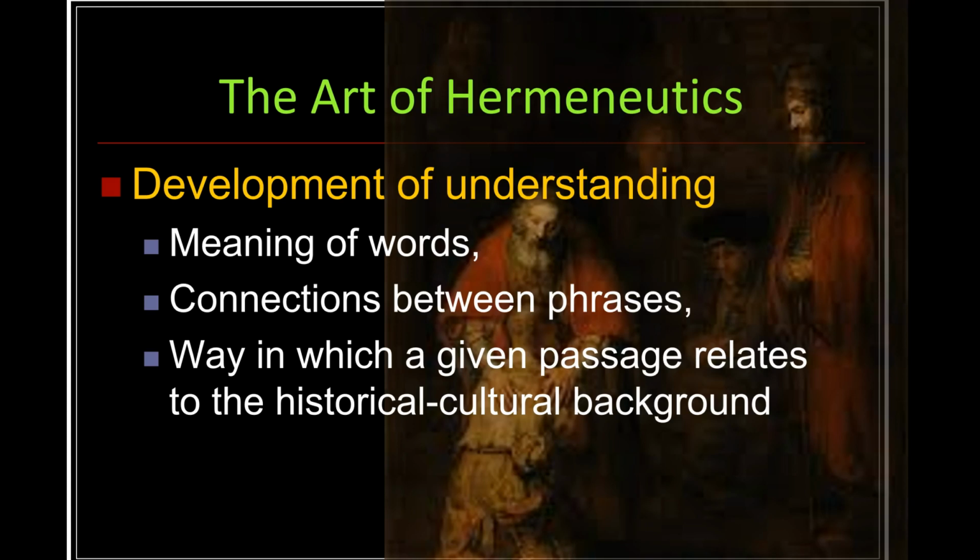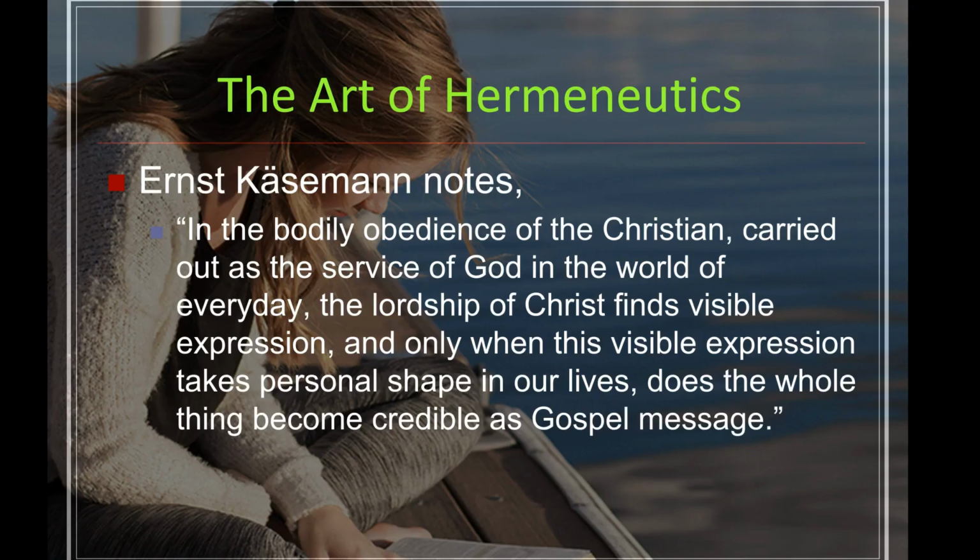The artistic movement of interpretation is more ambiguous than the technical side. It is the artistic aspect of interpretation that includes the development of understanding. It will require you to make, in many cases, difficult decisions about the meaning of words, the connections between phrases, and the way in which a given passage relates to the historical cultural background.